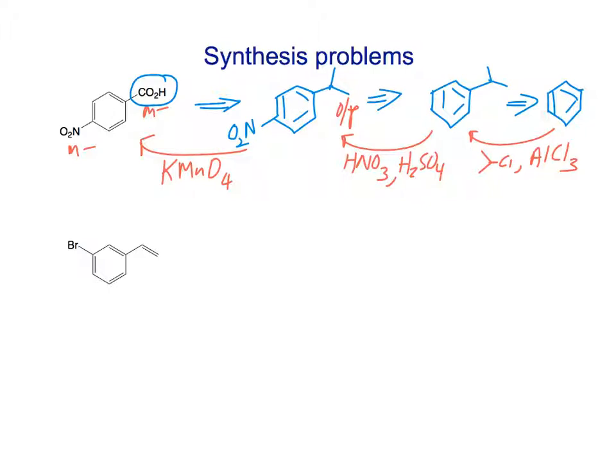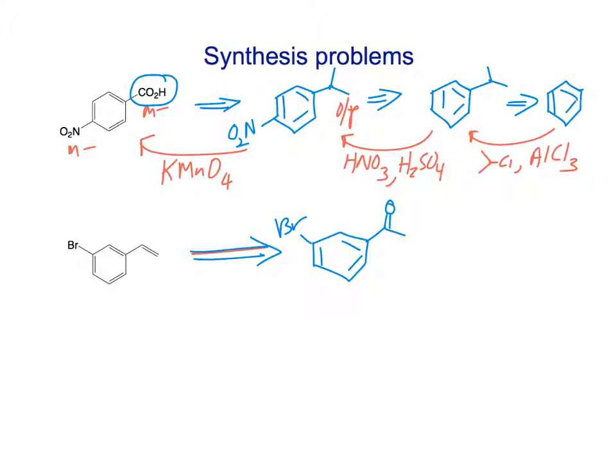Okay, so what's that likely going to be? Yeah, the ketone or the acyl group. So at some point we need to go back to here. But then once we get to here, we need to be able to convert the ketone to this alkene.